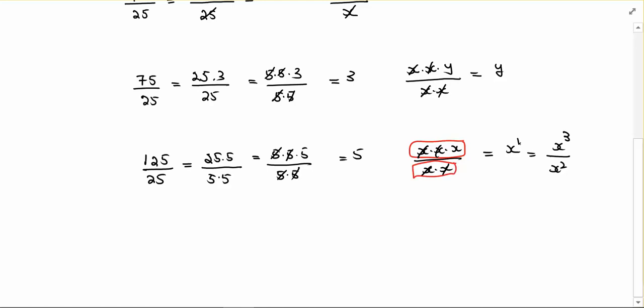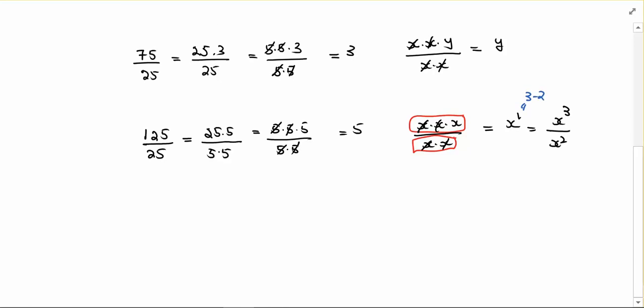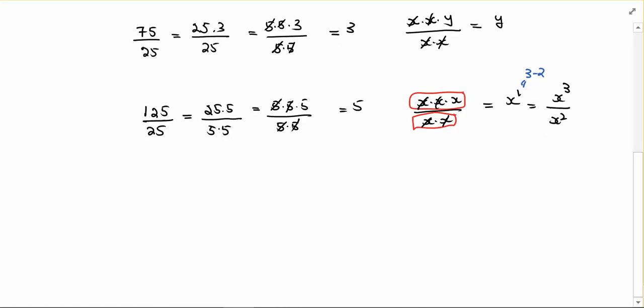So it almost seems, it's not almost, it's the truth, that what we did to get the 1 was to go 3 minus 2. Does that work all the time? Well, I don't know. Let's try it out.